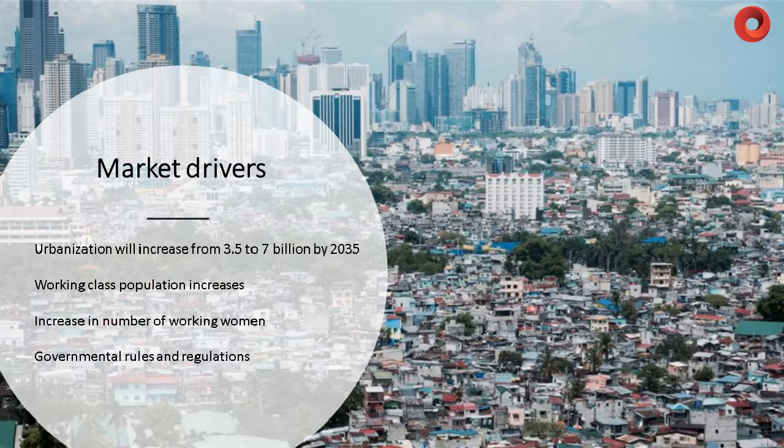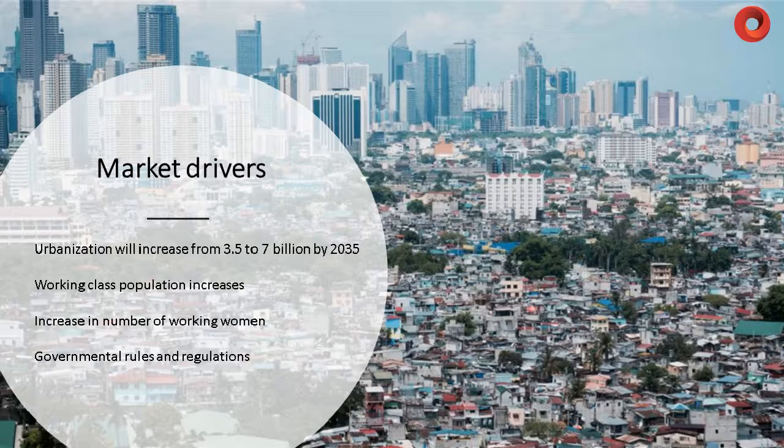pest control operators. And then there are also governmental rules and regulations that drive the market. More and more regions, states, and countries plan to ban the use of pesticides and rodenticides because we do not want our crops sprayed with pesticides, and we do not want the rodenticides, used against, for example, rats and mice, spread into nature.